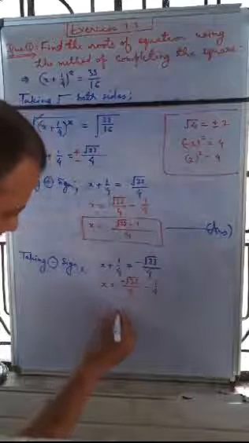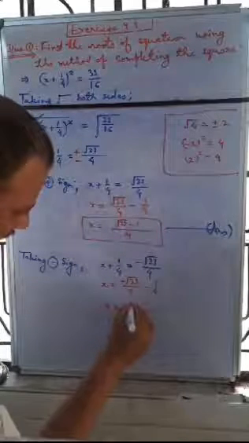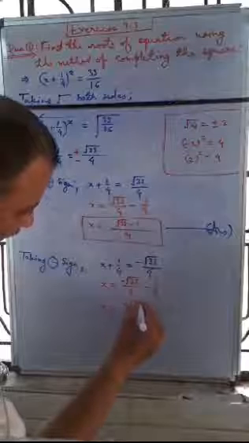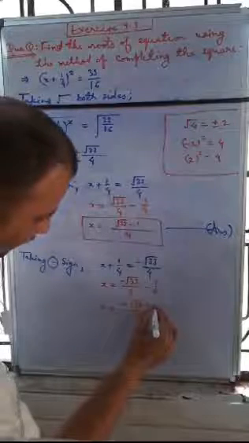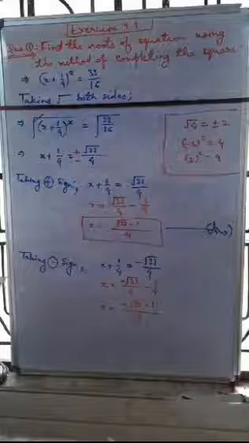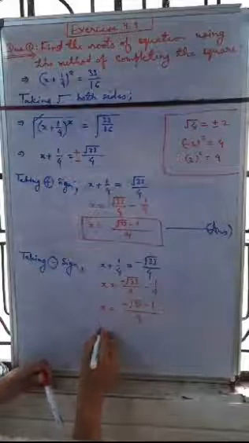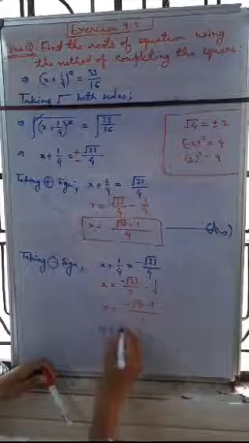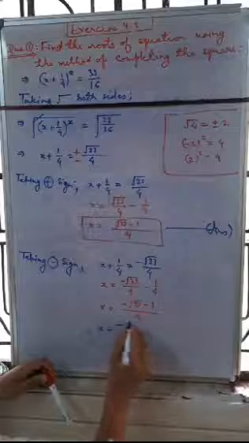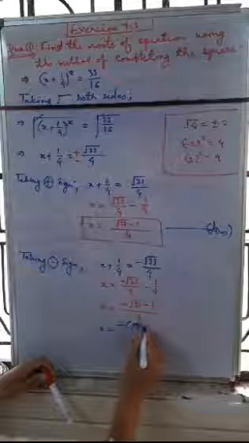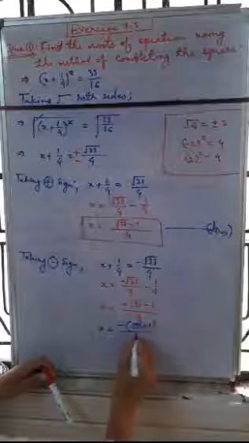Taking LCM again, 4 LCM, we get minus root 33 minus 1. We can take minus common from here. So if you take minus common, root 33 plus 1 upon 4.